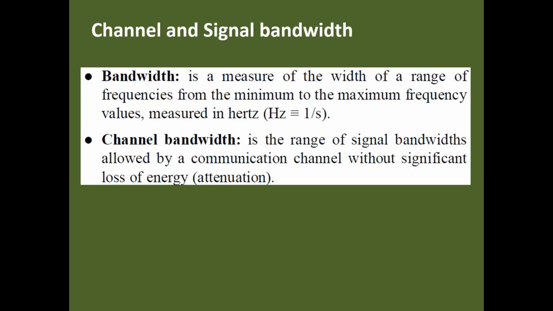So the channel bandwidth is that bandwidth which is offered by the communication channel, so that the signals can travel through the channel and the signal strength will not fall beyond a certain threshold value. So that will be called the channel bandwidth, which is offered by the channel.